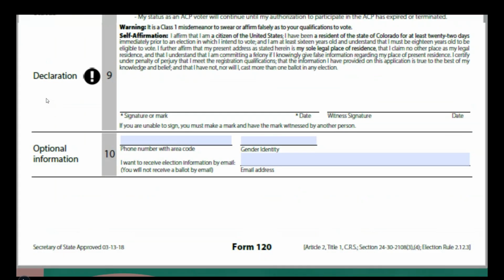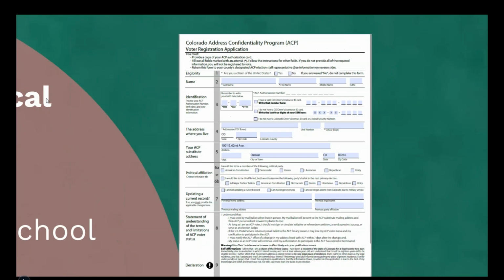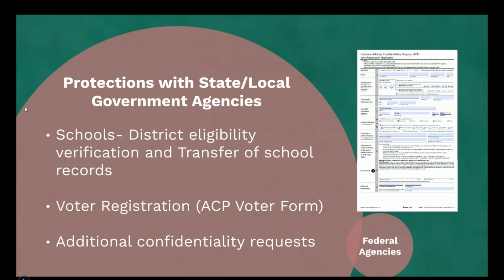Really quickly, I'll go back to the protection. This last piece is about additional requests. Our participants are also able to submit written requests if they want additional information to be made confidential. That could include an email address, photographs of their house, or any other kind of information that could lead to them being found.